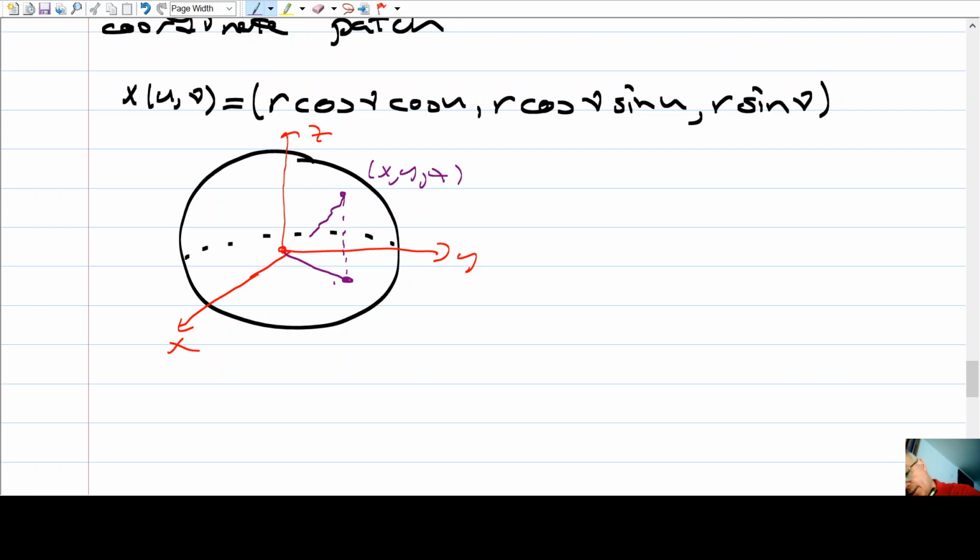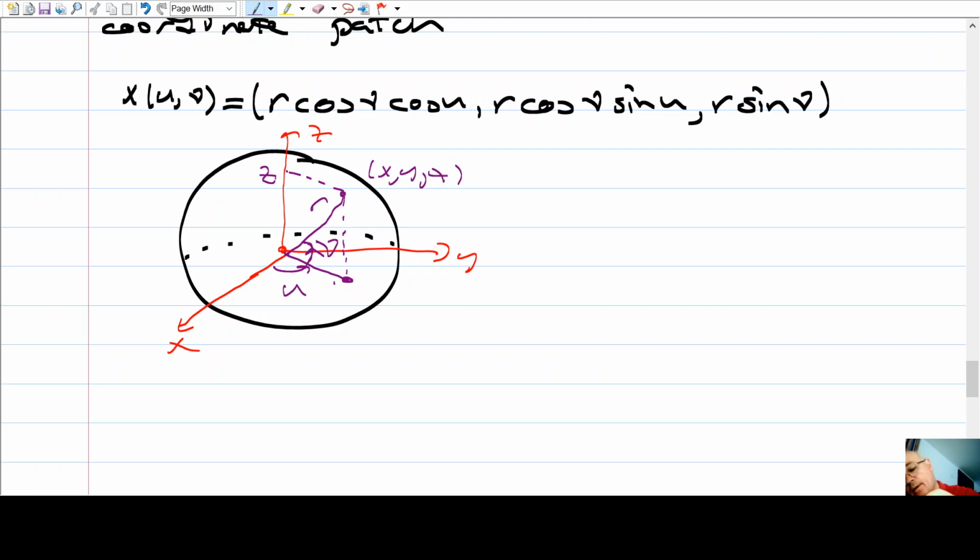Now this distance is r. This angle is u, and this angle is nu. So this is r times sine nu, which is the z coordinate.